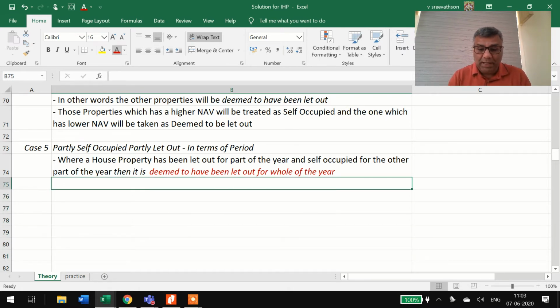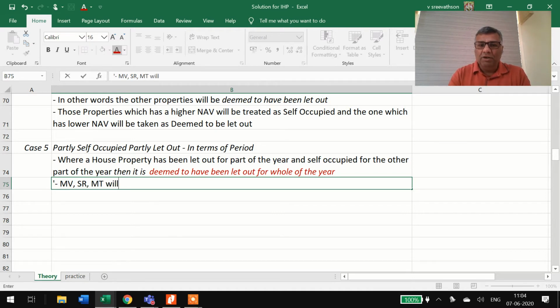What does this mean? Municipal value, standard rent, municipal taxes will all be taken for the whole of the year.